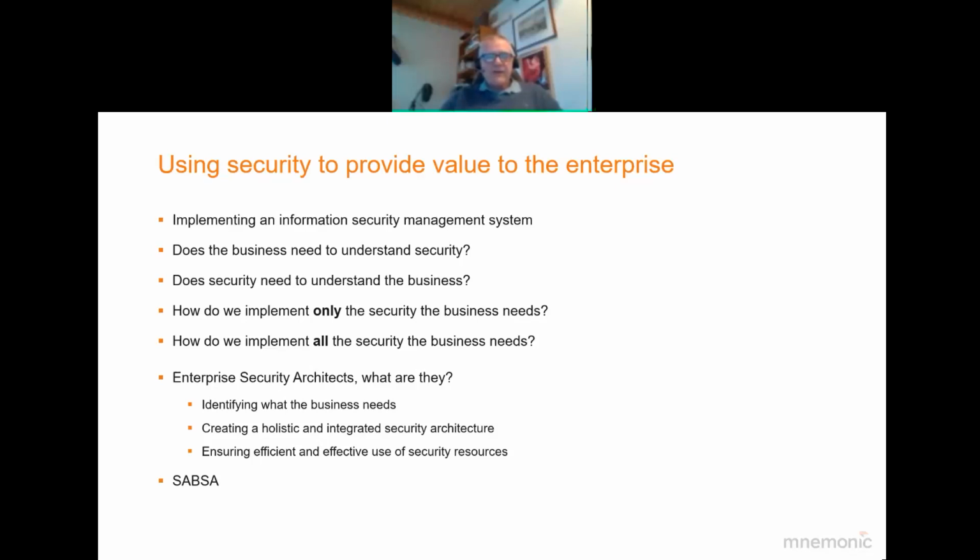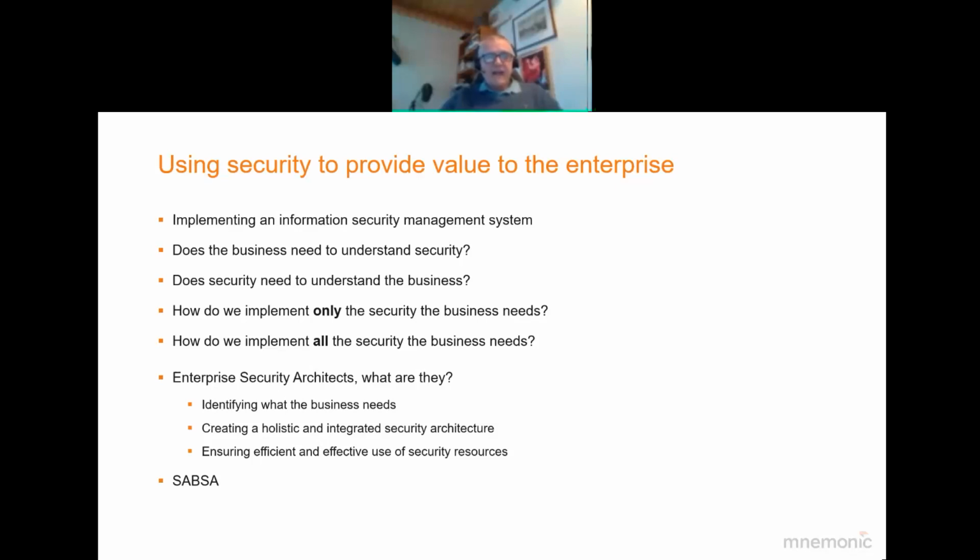One question that often arises is, does the enterprise need to understand security? My answer is no, that's not its role. But it does need to understand the value of the information assets it has and the potential impact of a compromise to confidentiality, integrity, or availability. The corollary to that question is, does security and IT need to understand the enterprise?